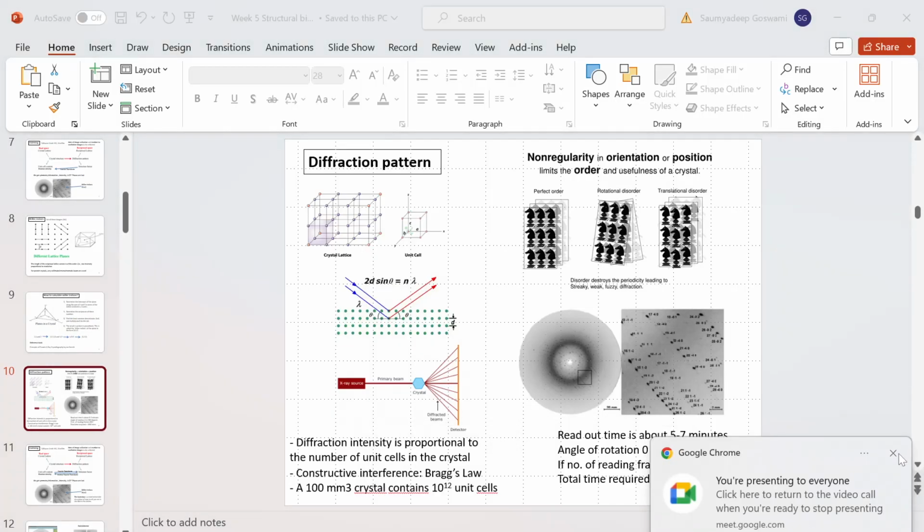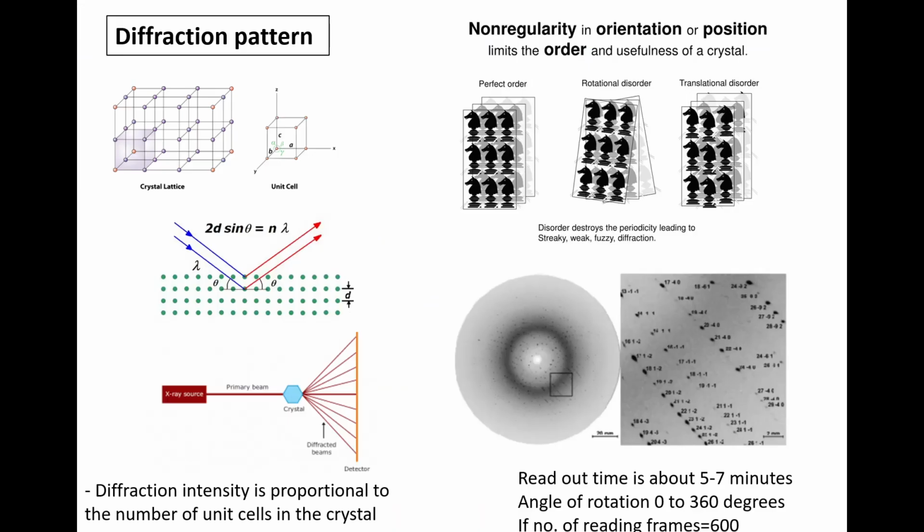So what we were saying is that the initial diffraction of your crystal will give you some diffraction pattern. By looking at this diffraction pattern, you can tell whether your crystal is actually ordered or has any disorder. The crystal which will give you a higher resolution structure should be in perfect order, with a serial arrangement and periodicity.